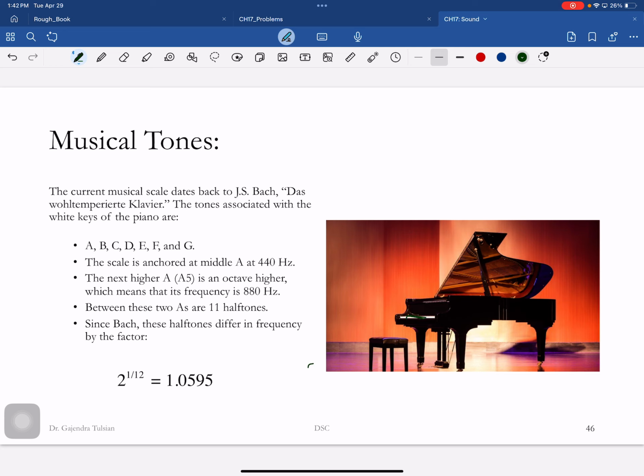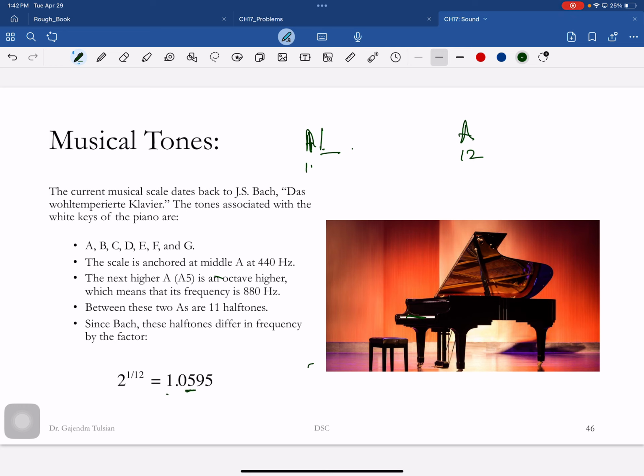In the piano, here's the A, there's the next A, there's 11 keys in between, so this is the 12th key. This key and the next key plays a frequency that is 6% higher.